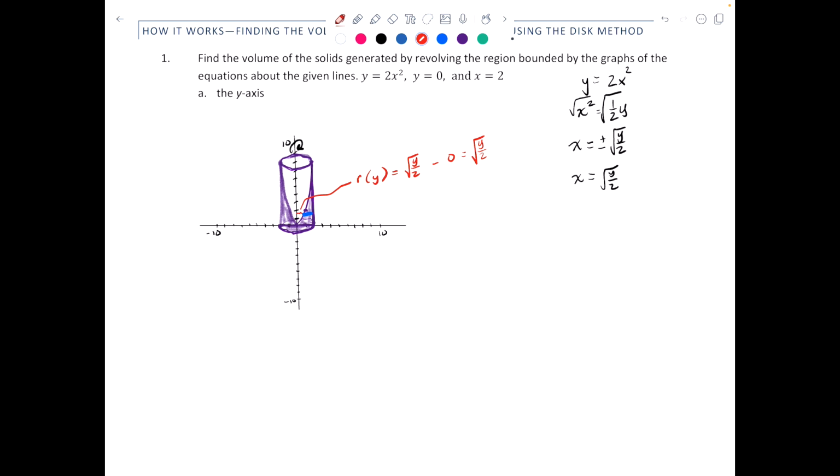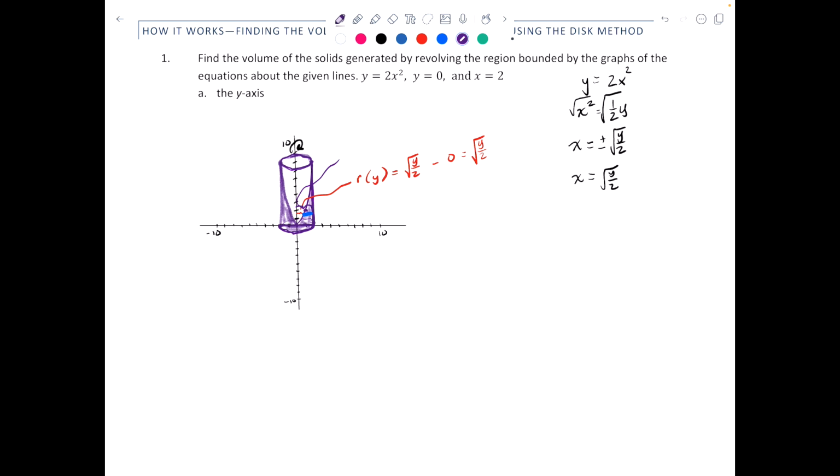Now, your outer radius is going to be from the outer edge of that cup, if you will.